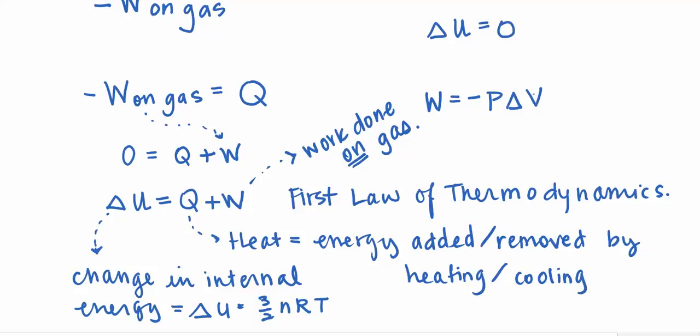So when the volume changes positive, there's negative work done on the gas, because the gas is transferring some of its energy out of its system to something else. So that's what work does, transfers energy from one system to another. When the volume change is negative, then the work done on the gas would be positive.